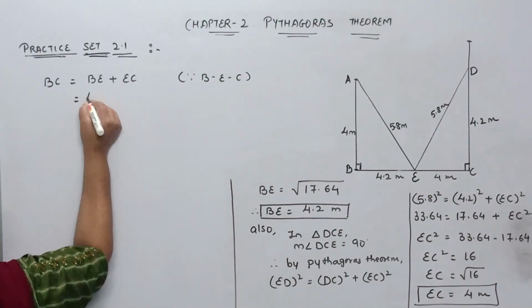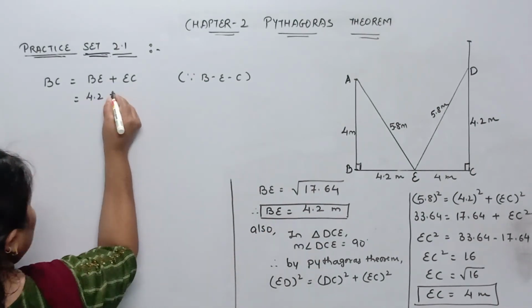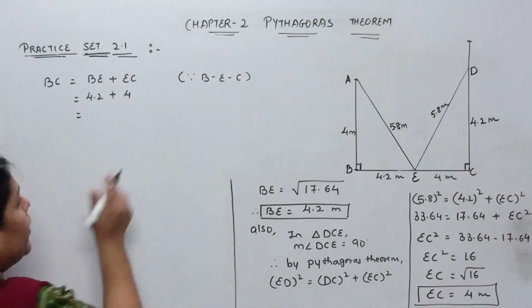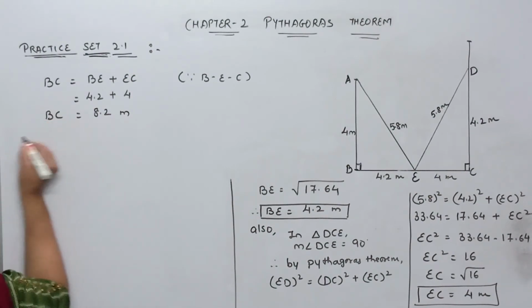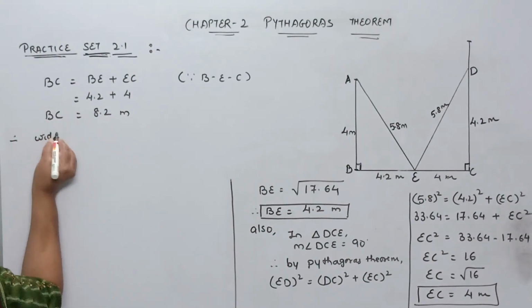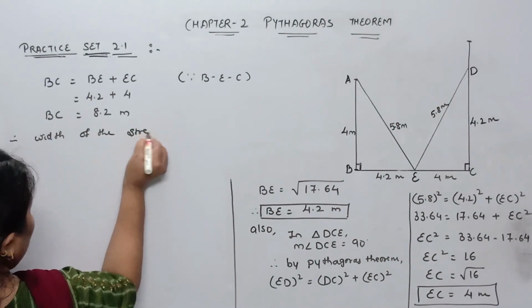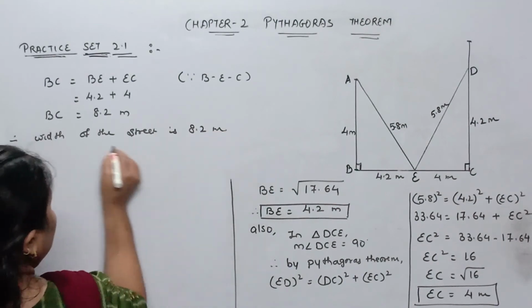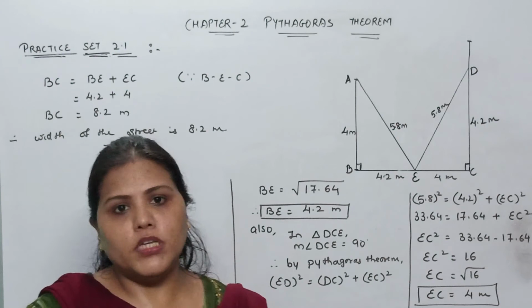So BE is 4.2 as we have calculated and EC is 4 meter. So 4.2 plus 4 is 8.2 meter. Therefore, width of the street is 8.2 meter.